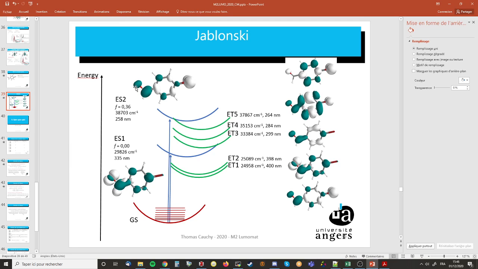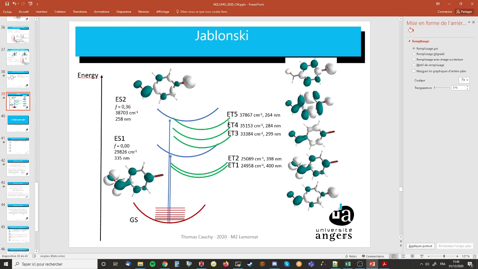That means that, for example, ES2 and ET5, I think they will not match, because if you go from ES2 to ET5, the excited electron moves in this region.